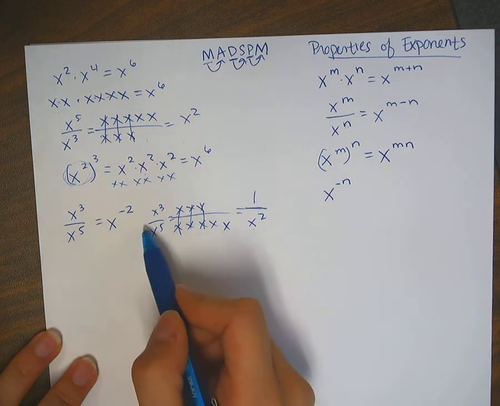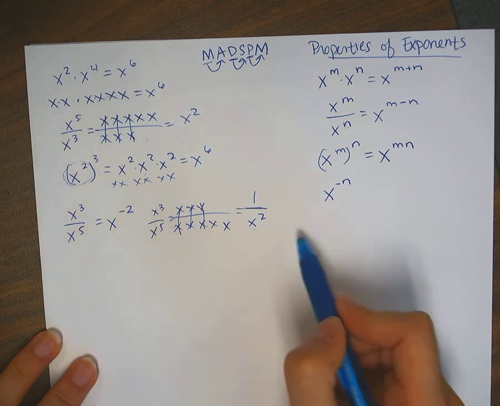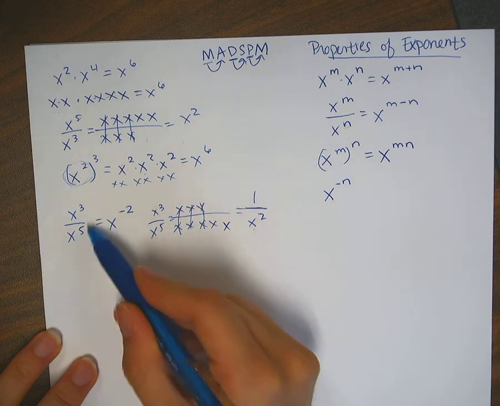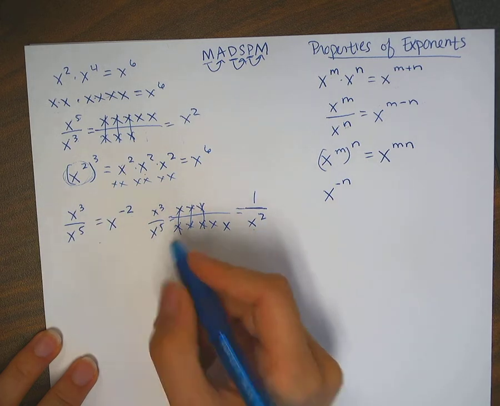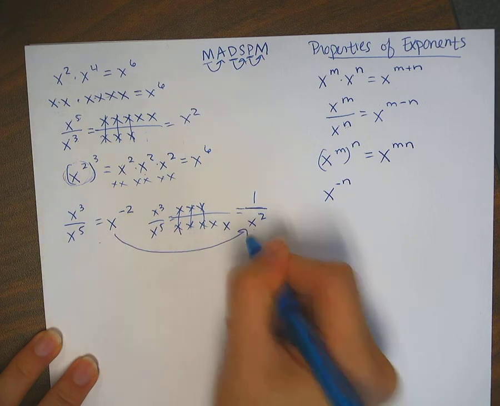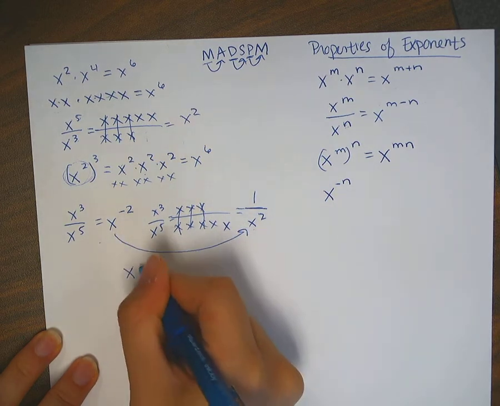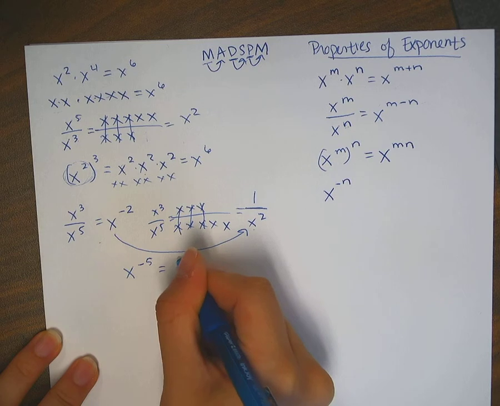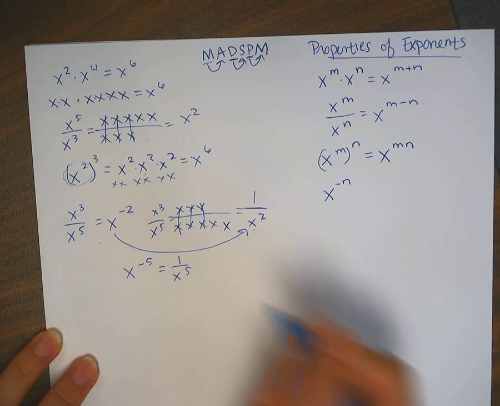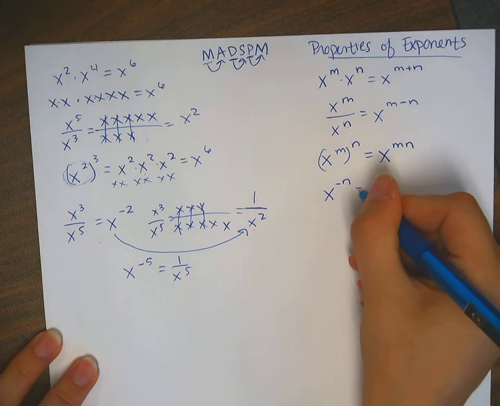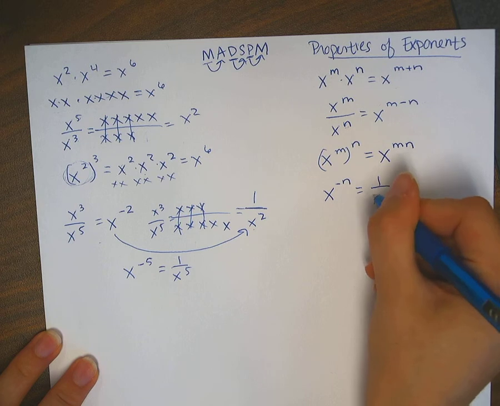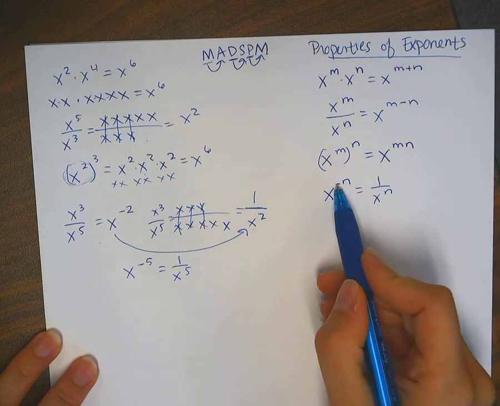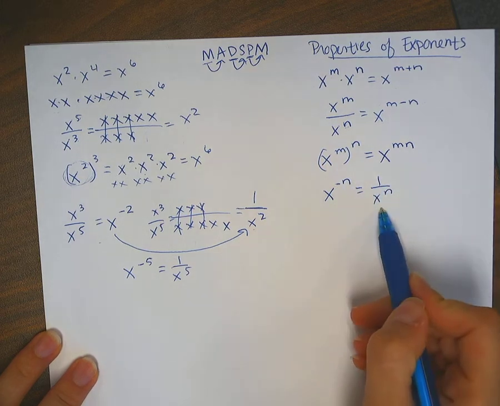So when I had x to the negative 2, it was x squared, it was just on the denominator of the fraction. So this and this are the same, so for example, if I had x to the negative fifth, that would be the same as 1 over x to the fifth. Or in general, x to the negative n would be 1 over x to the nth. So I can make an exponent positive by just putting it on the bottom of a fraction.